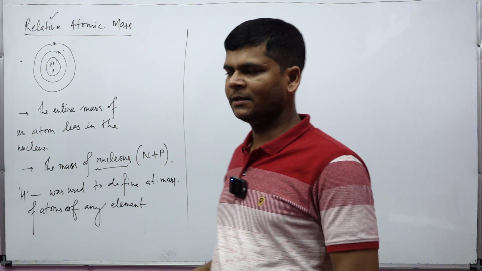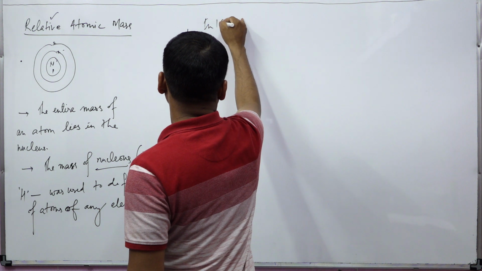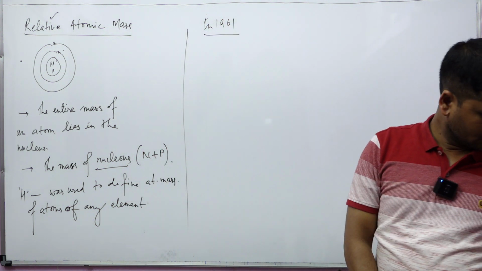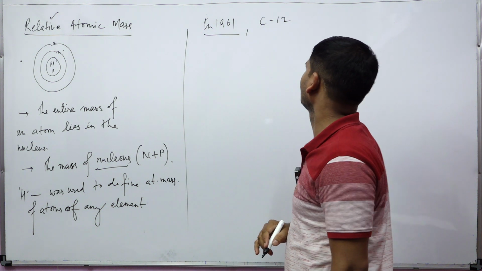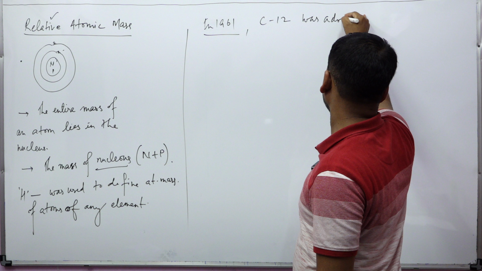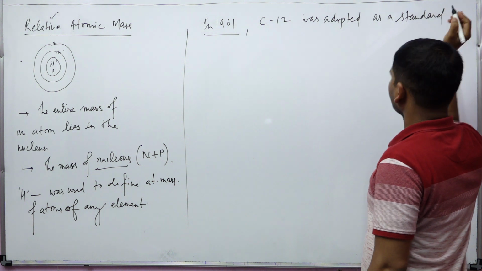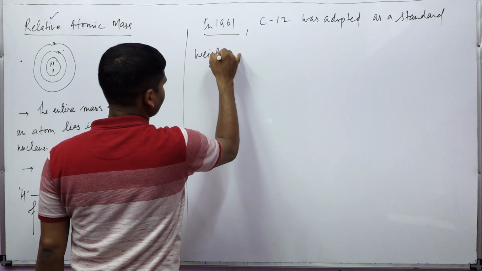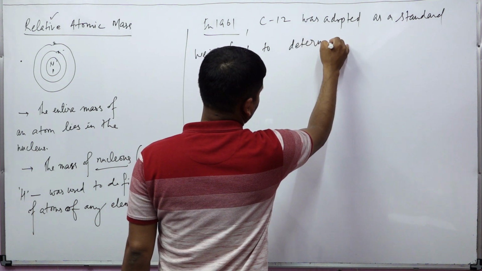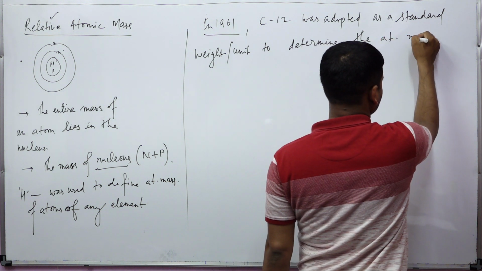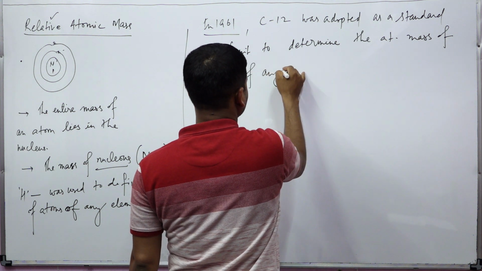Here you will understand that in 1961, I think it is 61, carbon 12, which is an isotope of carbon, was adopted as a standard weight or unit to determine the atomic mass of an atom of any element.